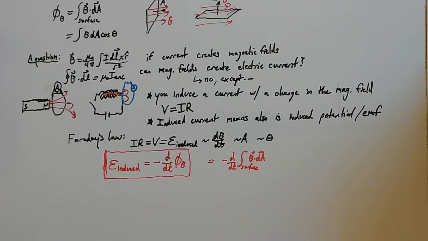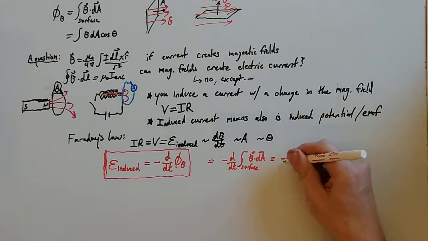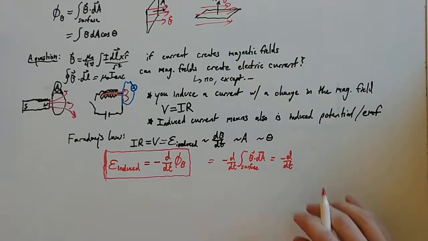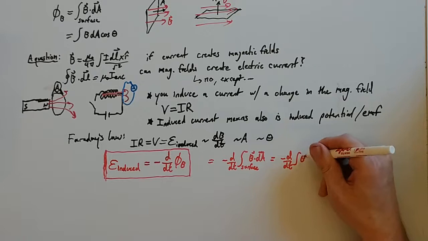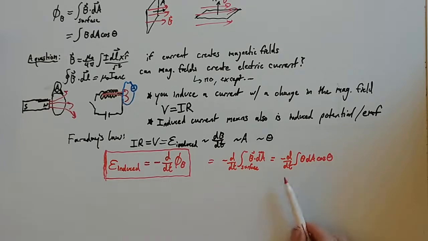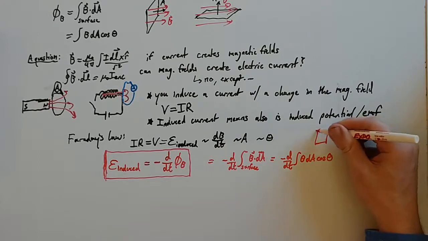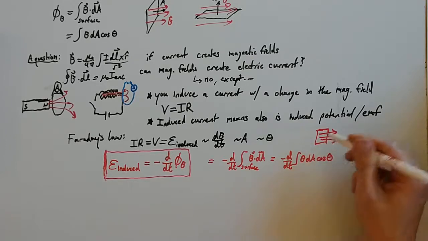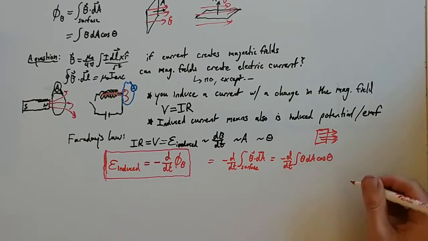And just to show that, let's take that dot product. So minus d/dt of, and let's make sure that you can still see this, yep, okay, all is good. It's minus d/dt of the integral of B dA cosine theta. Imagine we're thinking about magnetic flux through some circuit, some loop, and we've got magnetic field coming through there. If the magnetic field is uniform throughout the area and all at the same angle, then we could pull B and cos theta out of this integral.